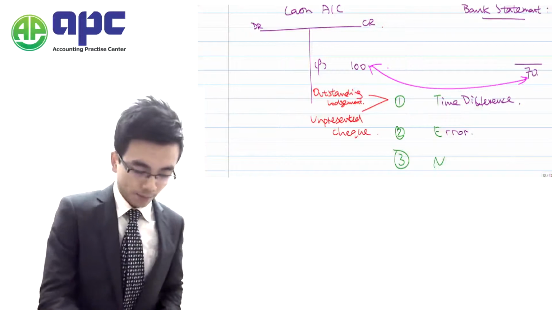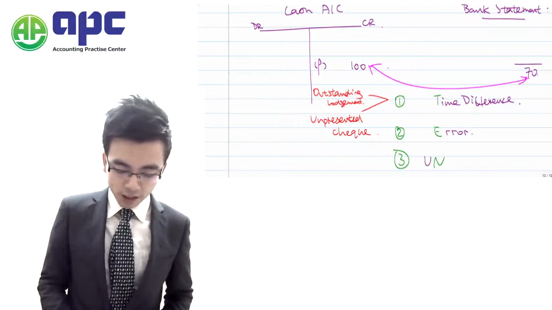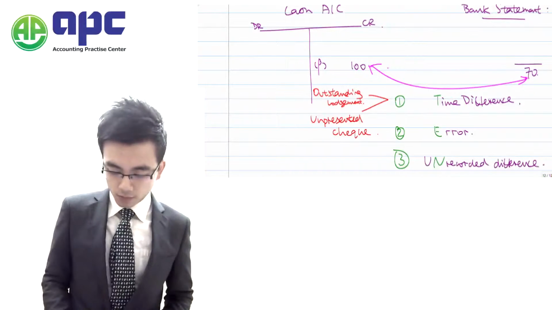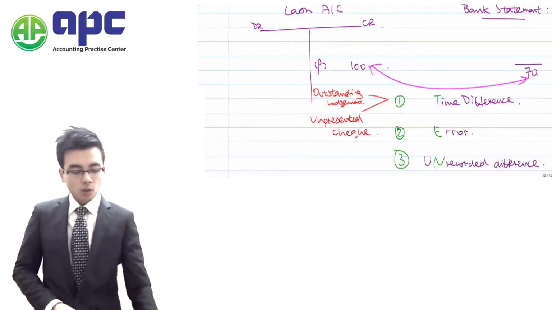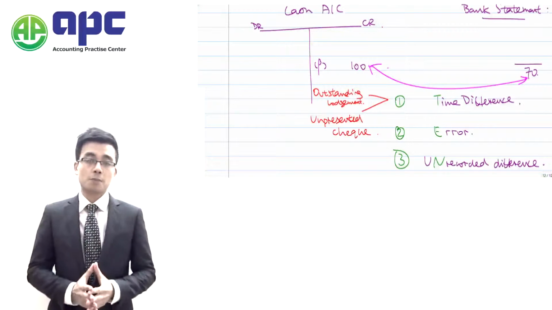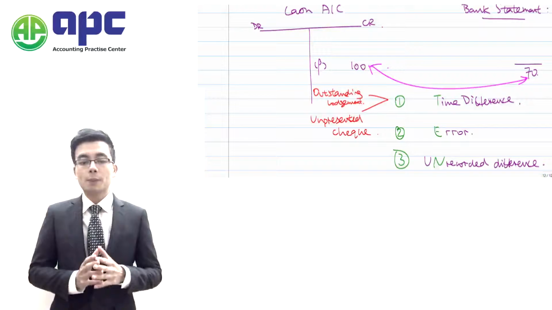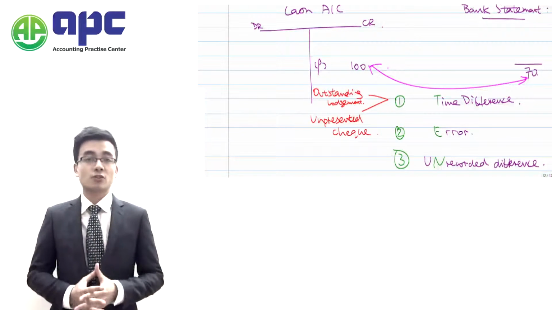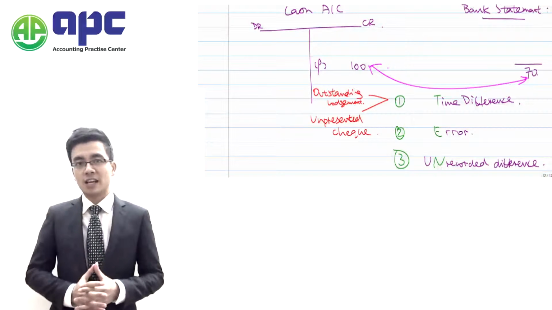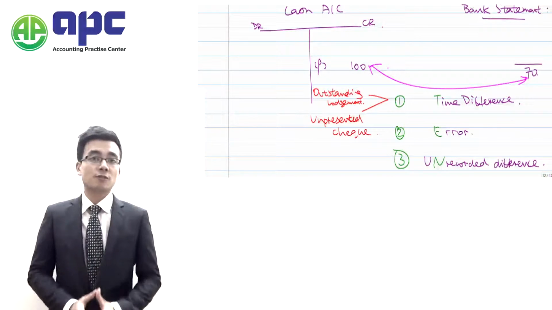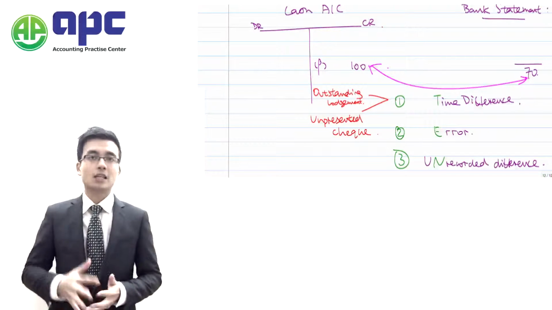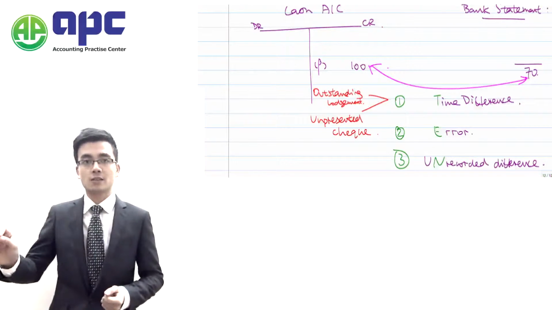And thirdly, it would be because of unrecorded differences. So what do I mean by unrecorded differences? For example, if we open up a bank account, the bank would charge us an administration fee every year. That administration fee will be deducted from the bank account automatically each time during the year.